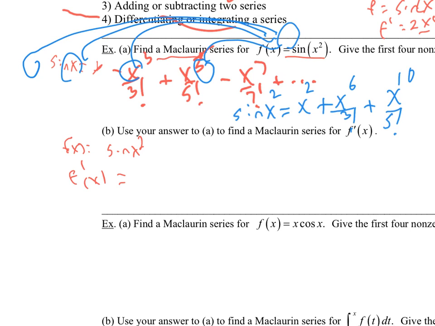Now he wants me to use my Maclaurin series. So the derivative of x is 1. Derivative of the next term is negative 3x squared over 3 factorial plus 5x to, wait, I'm doing the wrong problem.